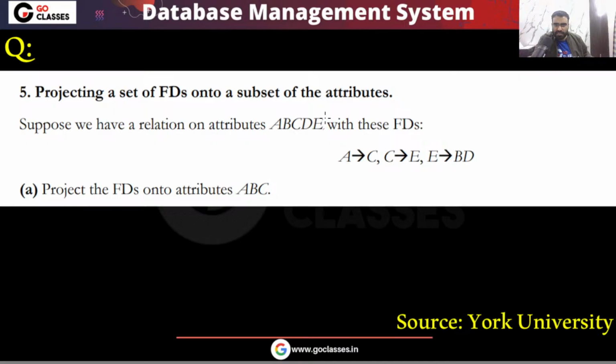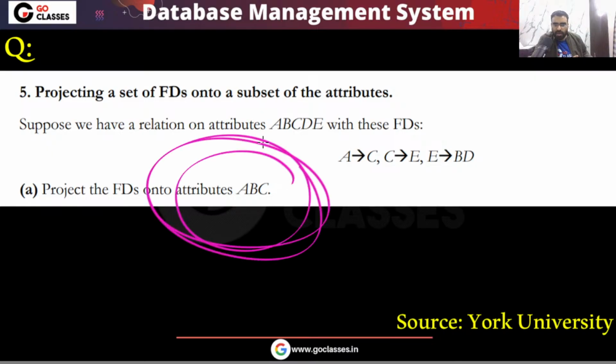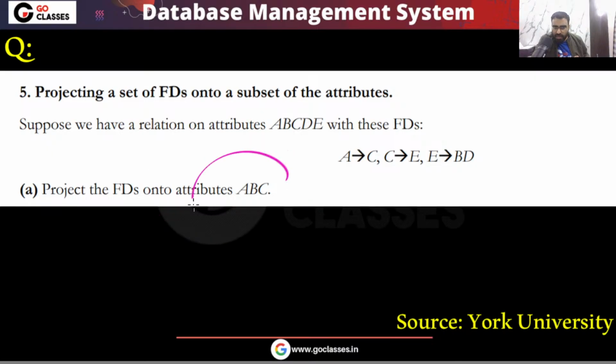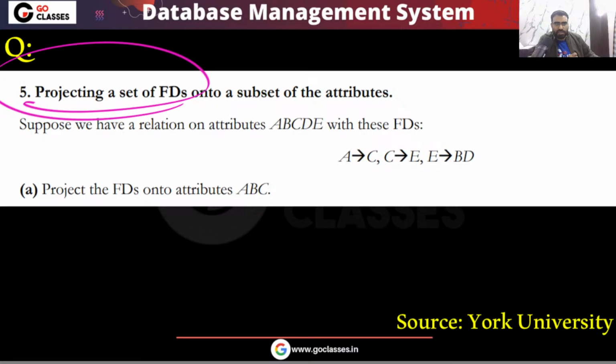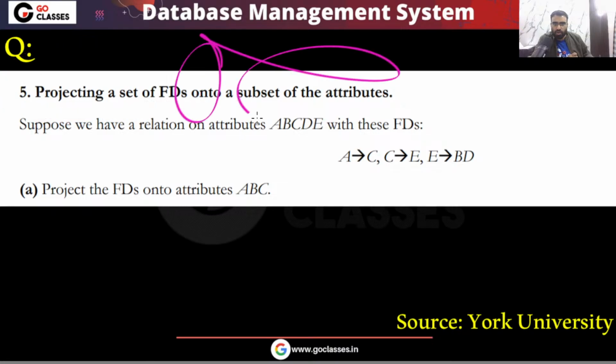But we are taking a subset of attributes, a subrelation. Now we want to find out which functional dependencies will hold only among A, B, C. This is called projecting a set of functional dependencies onto a subset of attributes. We want to find out the projection of these FDs on these attributes.